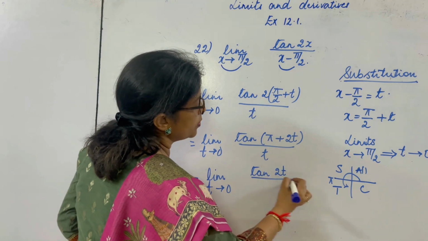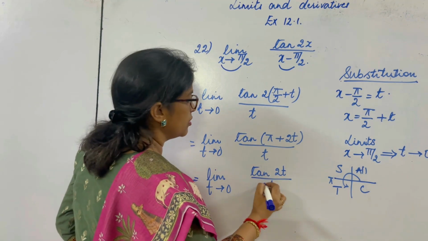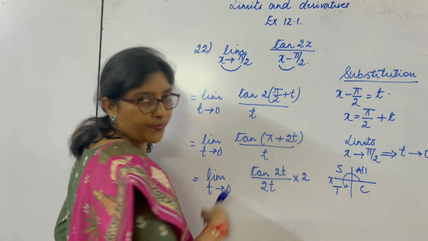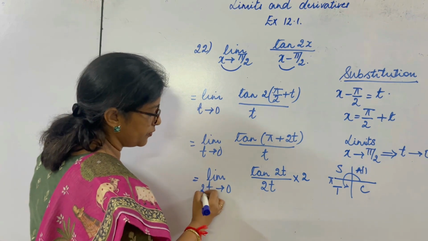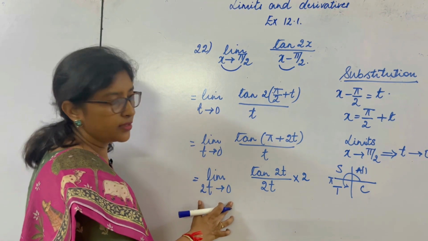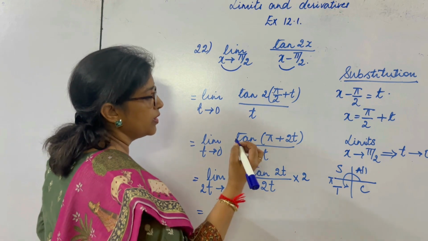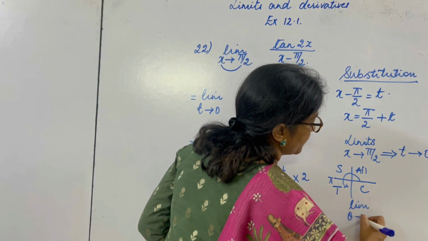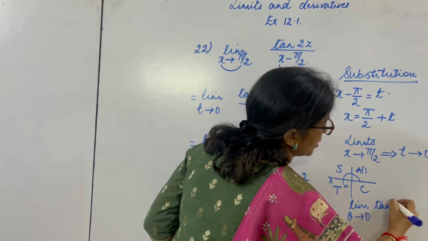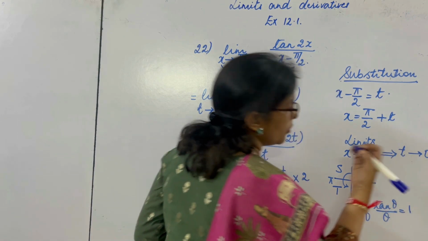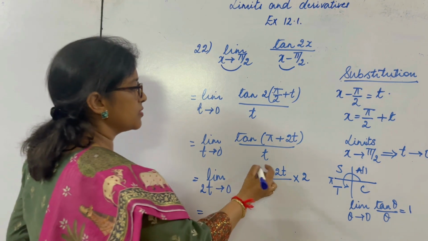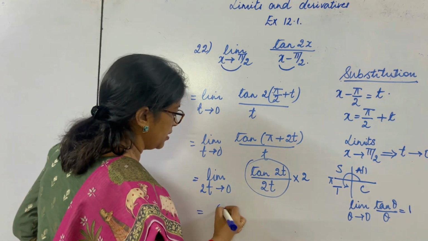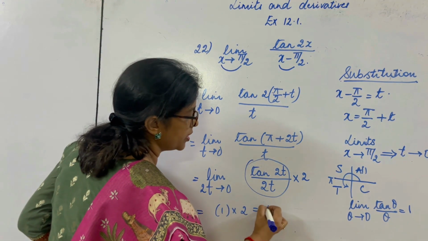So the only problem now is you want 2t in the denominator. Multiply and divide with 2. Over here, if t tends to 0, then 2t will tend to 2 into 0, that is 0. Again, this is the formula, tan theta upon theta, like for sine, this is also 1. So this value is 1 and into 2. Limiting value is 2.